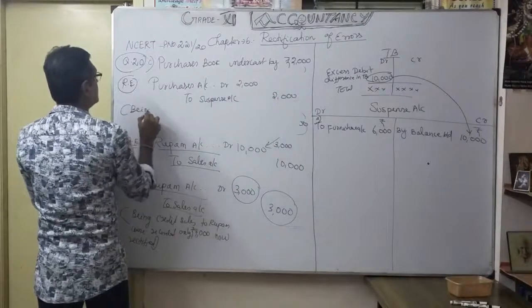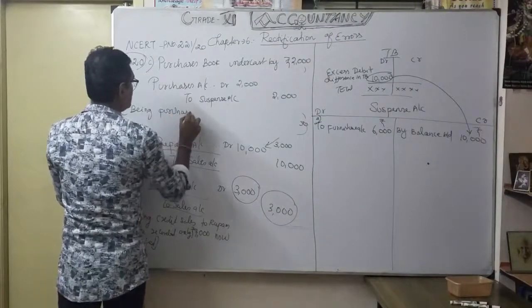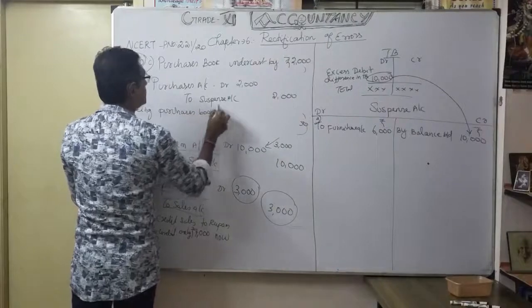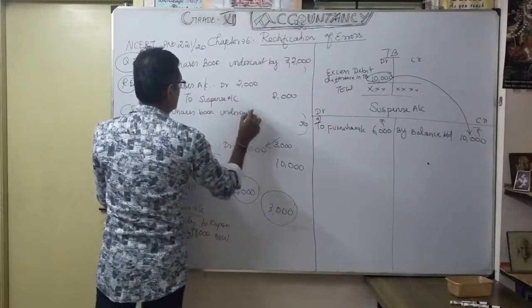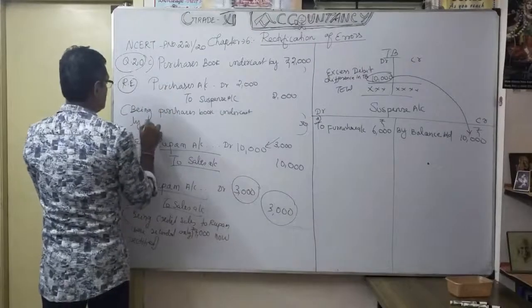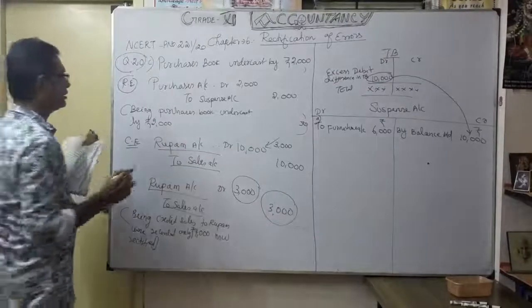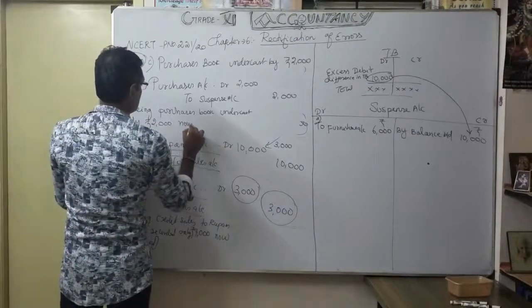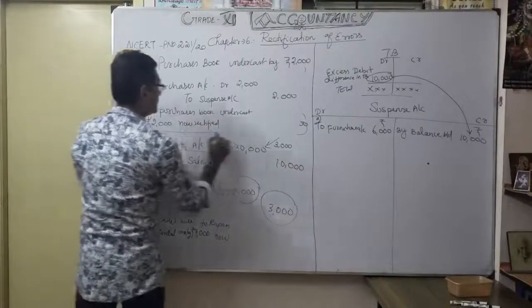Being purchases book under cast by 2,000 now rectified. That's our third transaction.